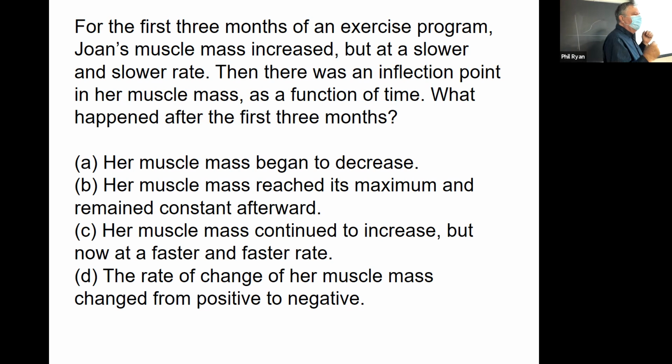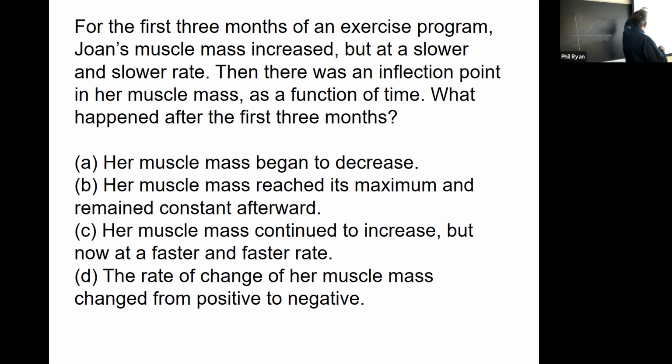But then she reached an inflection point. She started doing something with the diet as well, and really working hard. What happened after those 3 months then? C. Straight away, C. Anyone see anything different?